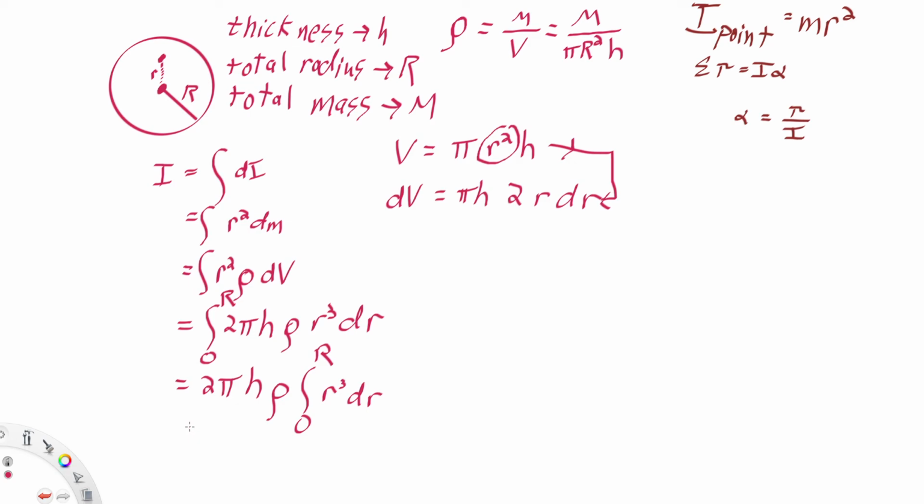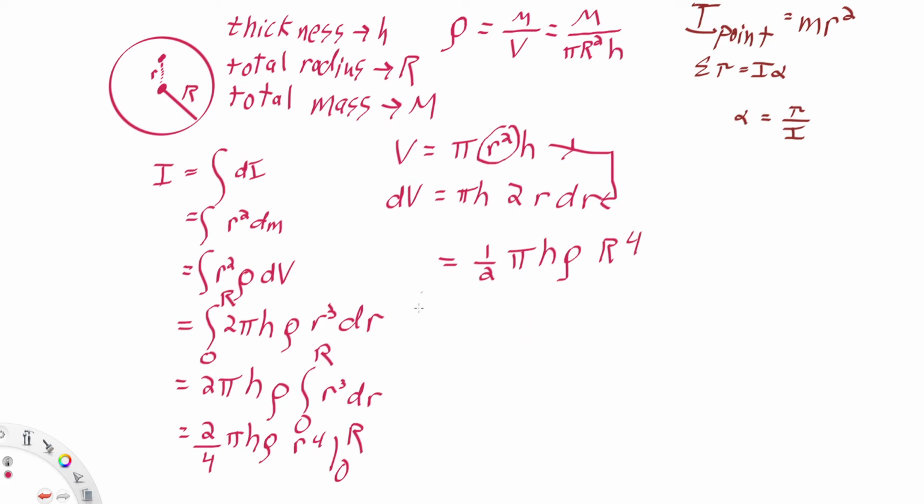Perfect. We'll evaluate that at 0 and big R. 2 over 4 is a half. Big R to the 4th.